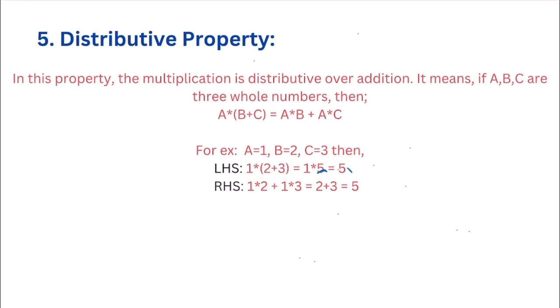For example, A is 1, B is 2 and C is equal to 3. Then on the left hand side, 1 multiply 2 plus 3, so 1 multiply 5 is equal to 5. And then we solve the right hand side, so it also comes to 5. Isn't it interesting?